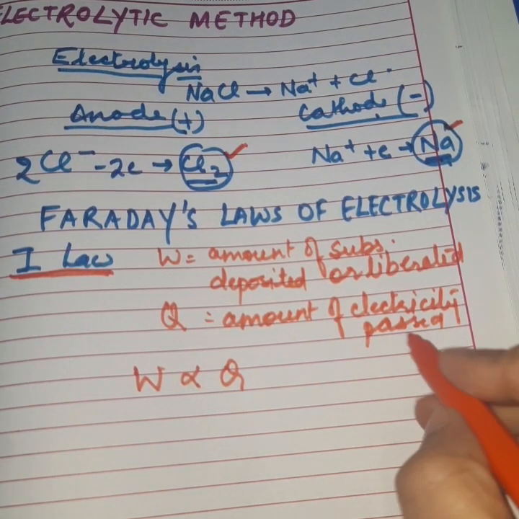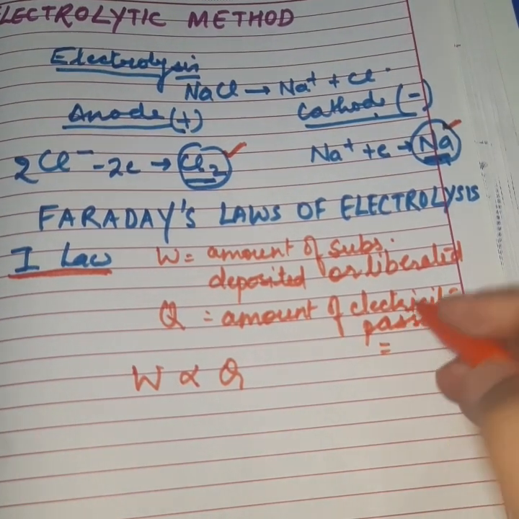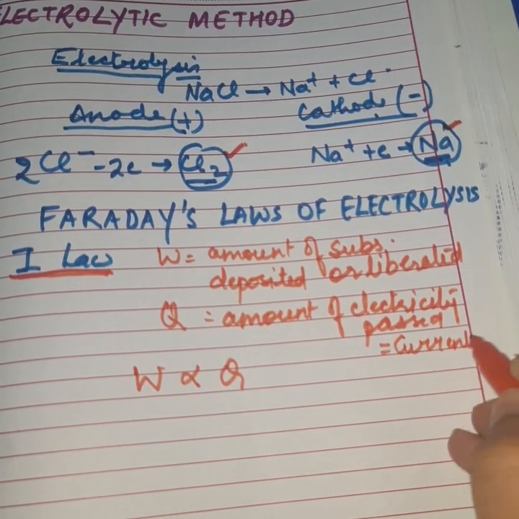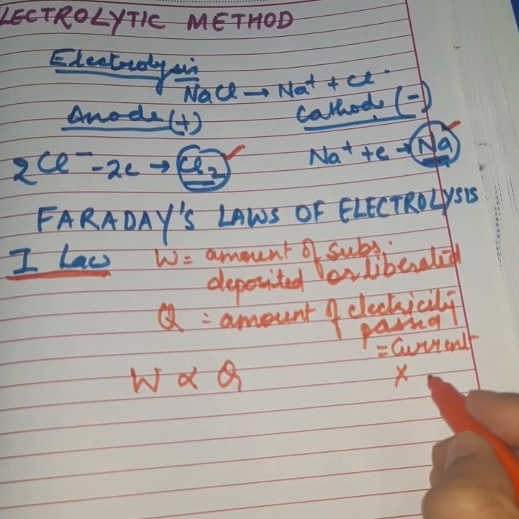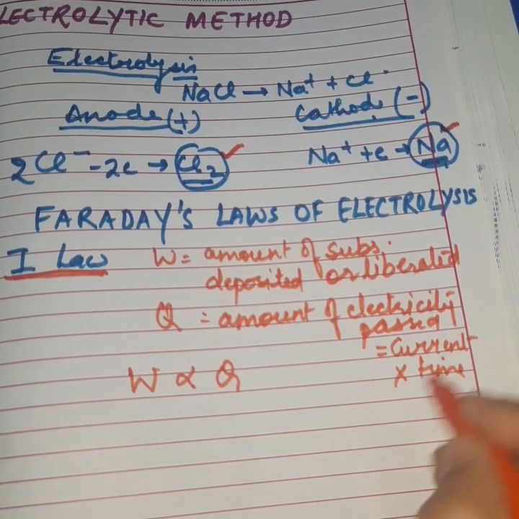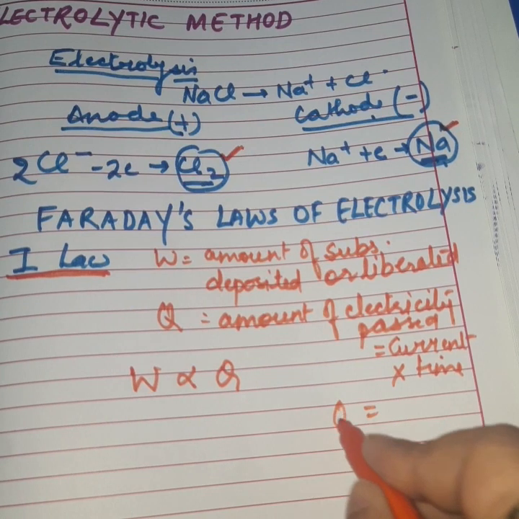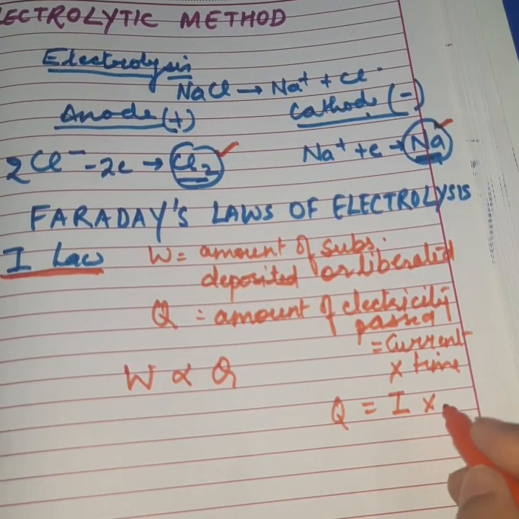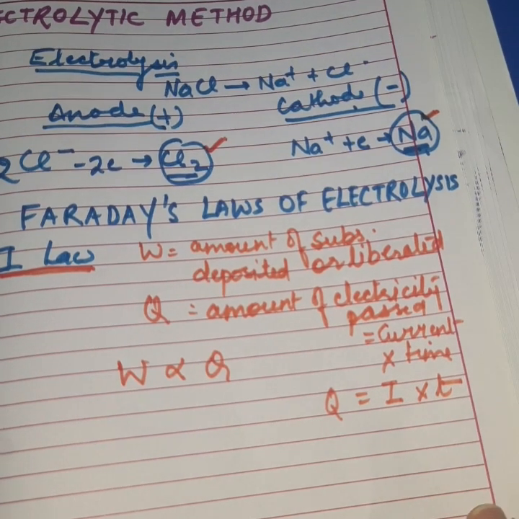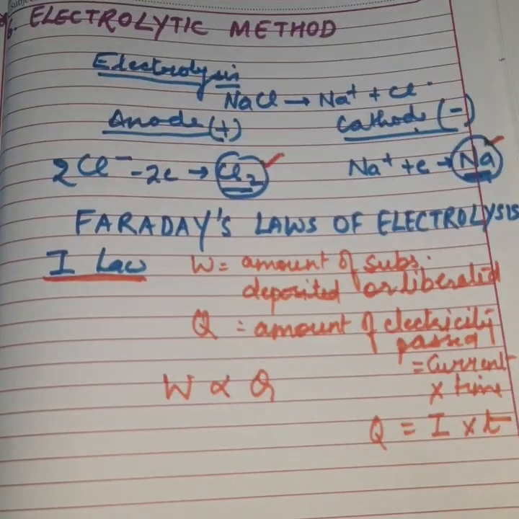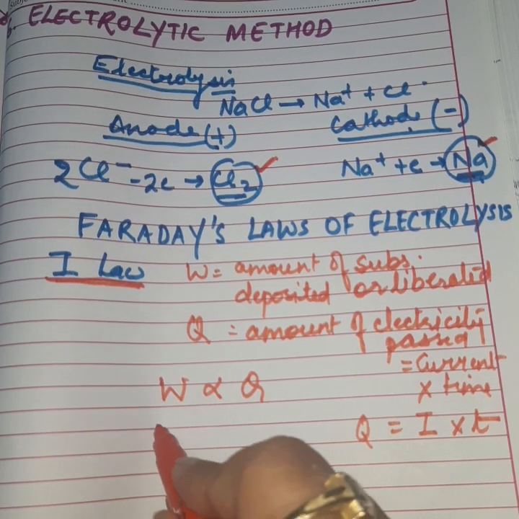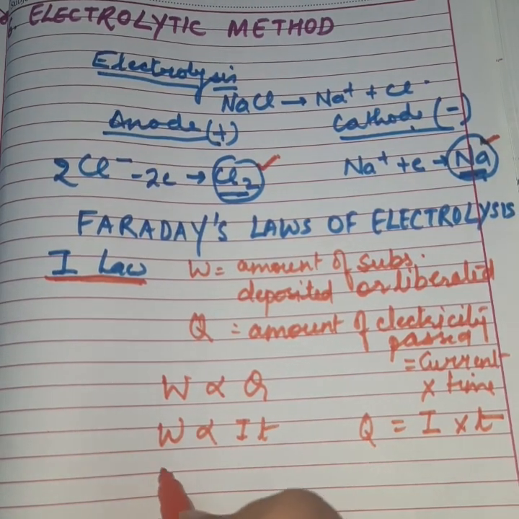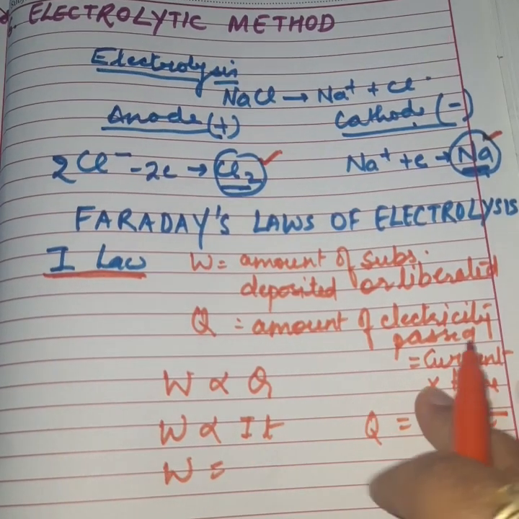We know the amount of electricity passed will be equal to the product of current passed for a given time. So we can write in the form of a formula that Q is equal to current I multiplied by the given time T. Now, we can write this relation as W is directly proportional to I into T. Now we are going to introduce a sign of proportionality.